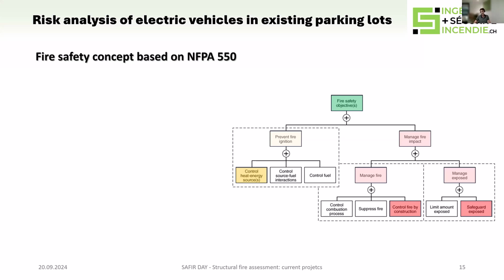For this project, we focused on three main safety keys. The first one is not a main key, but an important one, and consists of preventing fire ignition. Of course, lithium batteries are a bit complex, so it's difficult to manage the behavior of batteries, and so difficult to have very efficient measures on that point.